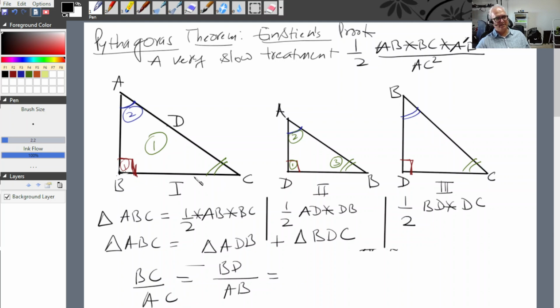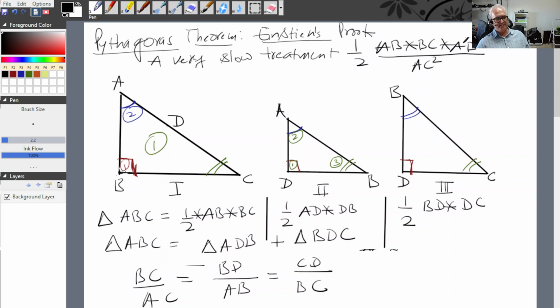so I have already taken BC divided by AC, BD divided by AB, and CD divided by BC. And this is the area of this third triangle, half BD DC.